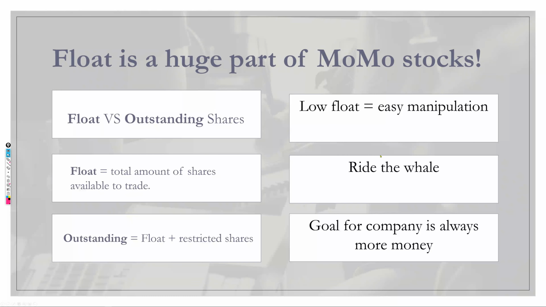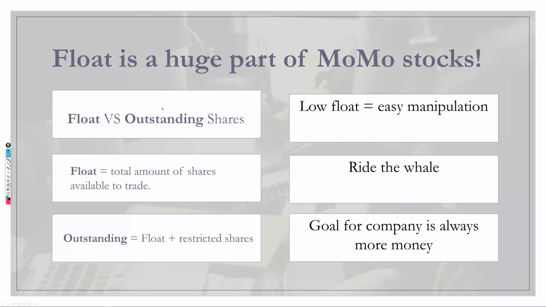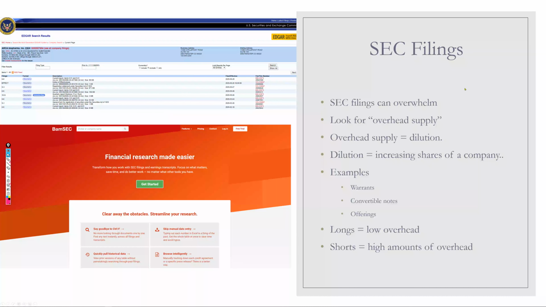Now, I'm going to go through this with this one, but we're also going to refer back to eyes. So you always want to check the SEC filings, and you want to check for what's called overhead, what I call overhead supply. Okay. What is overhead supply? That is anything that allows you to sell into the spike, to create shares out of thin air.